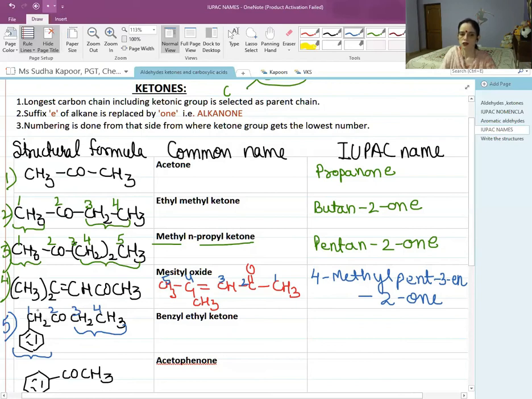It becomes 1-phenyl. On one side it is phenyl, and the total is 4 carbons. 1-phenylbutane, and the -one is at the 2 position. 1-phenylbutan-2-one, which is commonly known as benzyl ethyl ketone.